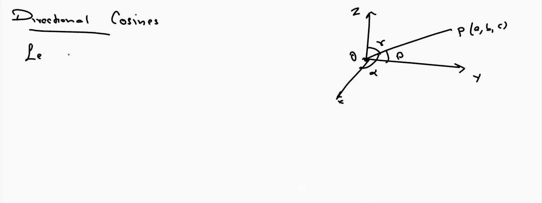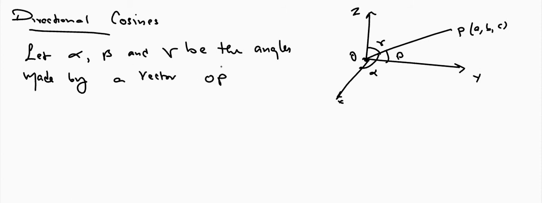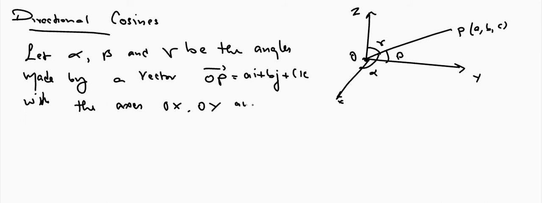Let alpha, beta and gamma be the angles made by the vector OP equals a i plus b j plus c k with the axes OX, OY and OZ respectively.